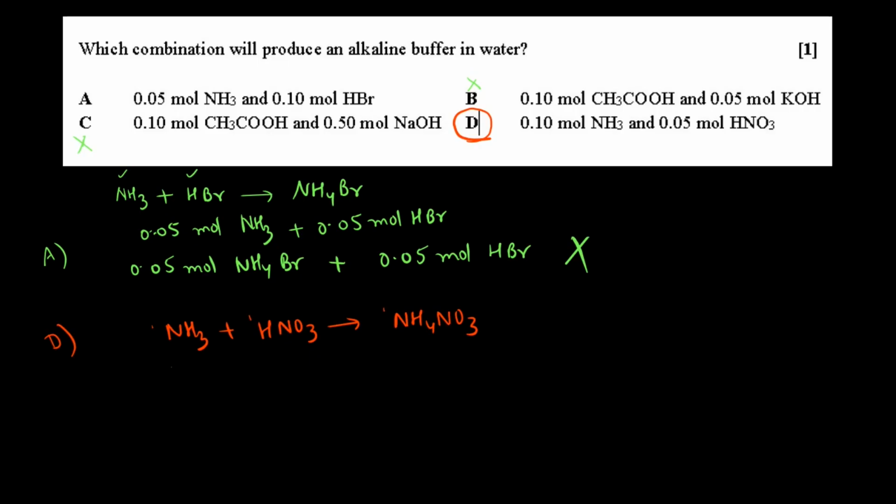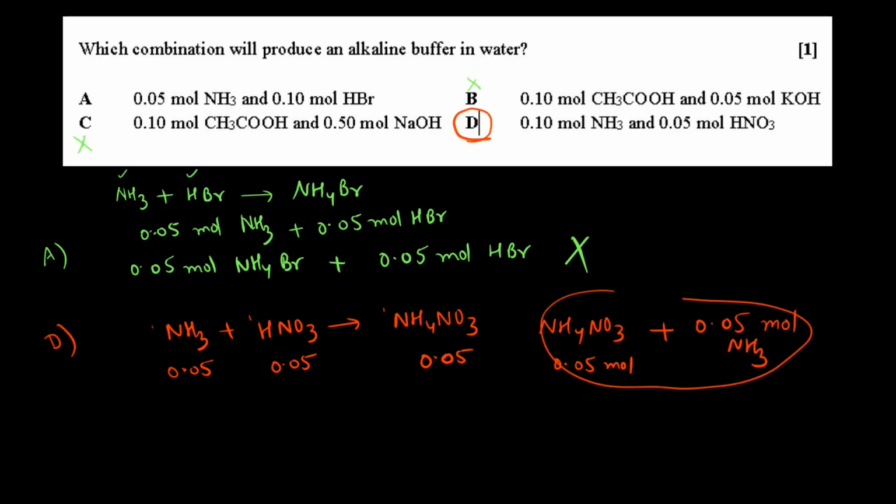Therefore 0.05 moles of ammonia will react with 0.05 moles of nitric acid to give 0.05 moles of ammonium nitrate, and the leftover is 0.05 moles of ammonia. So this will be our buffer, which will be a basic buffer, an alkaline buffer. So the correct option is option D.